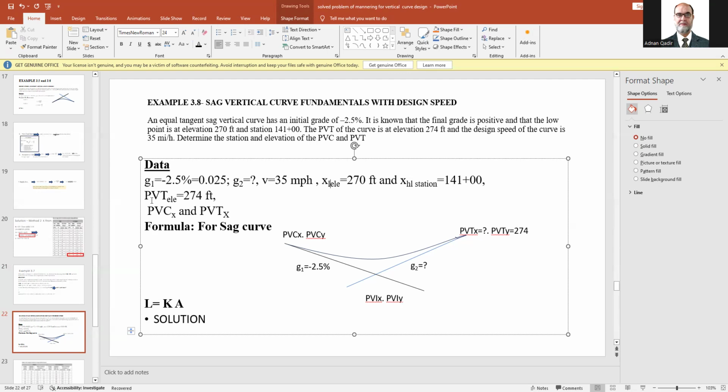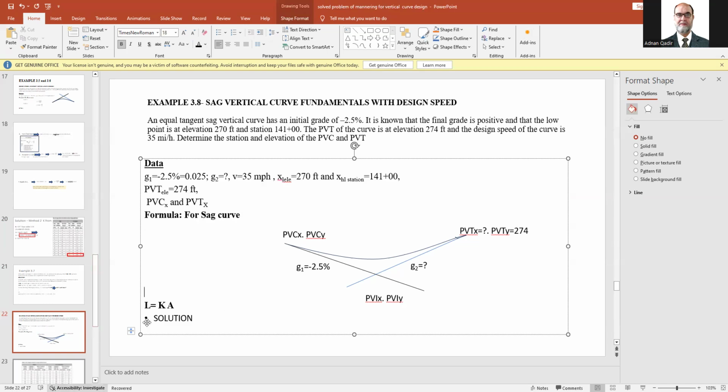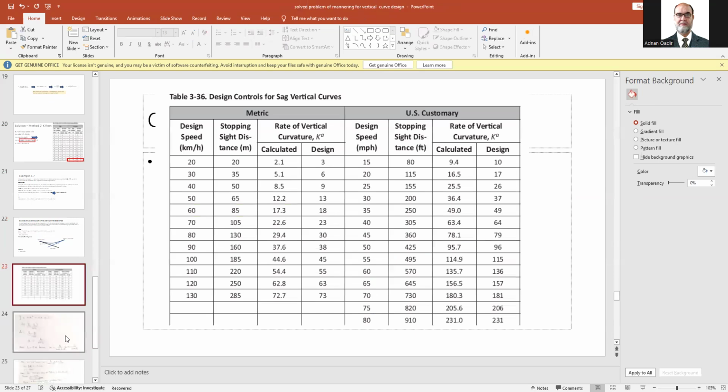First, in order to solve this problem, we start with solving the length along the curve. So let this length be known as K times A, and since we have been given 35 miles per hour speed, for 35 miles per hour, our K is 49.